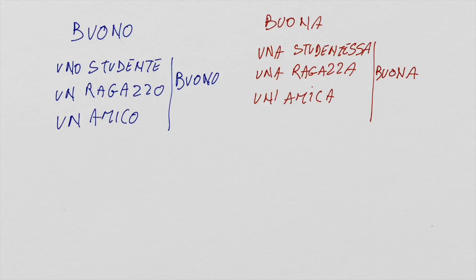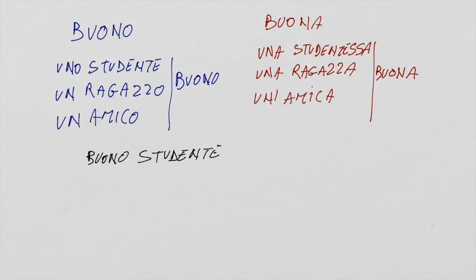Here you're going to learn how not only the meaning but also the form of the adjective can change when placed before the noun. For example, studente buono. Now I want to take buono and put it in front of studente.